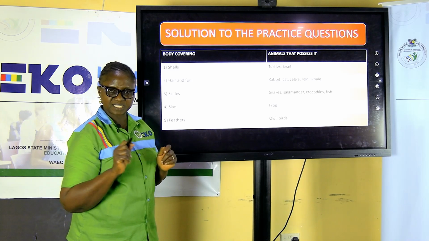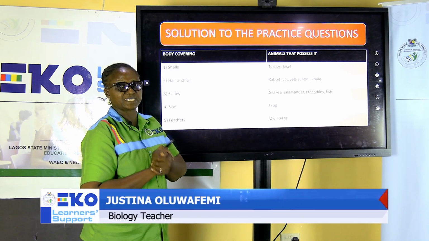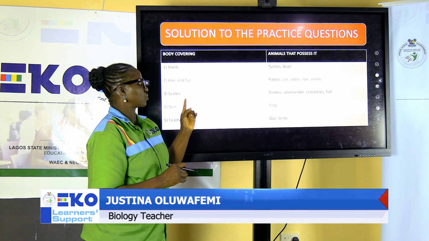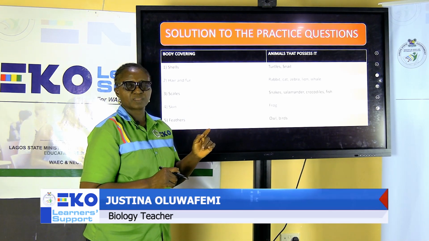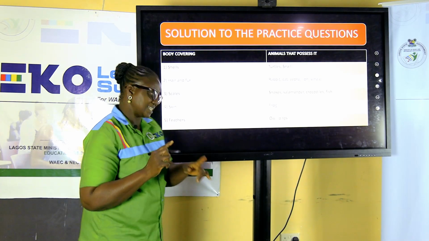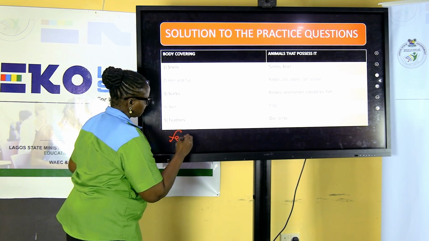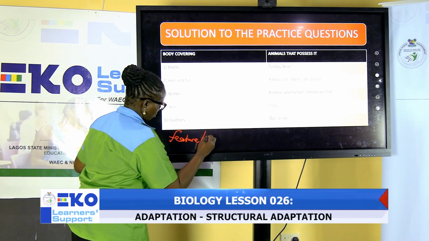At this point, permit me to stress this for the purposes of examination. Whenever they ask you a question on adaptation, they will want you to answer by stating this cluster: feature, stroke, structure.